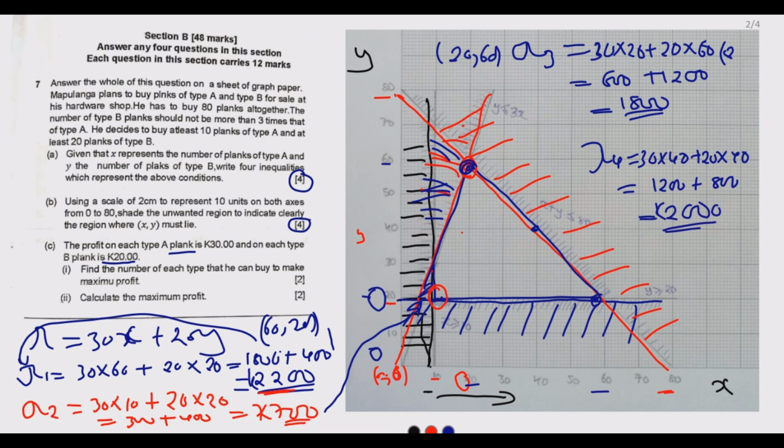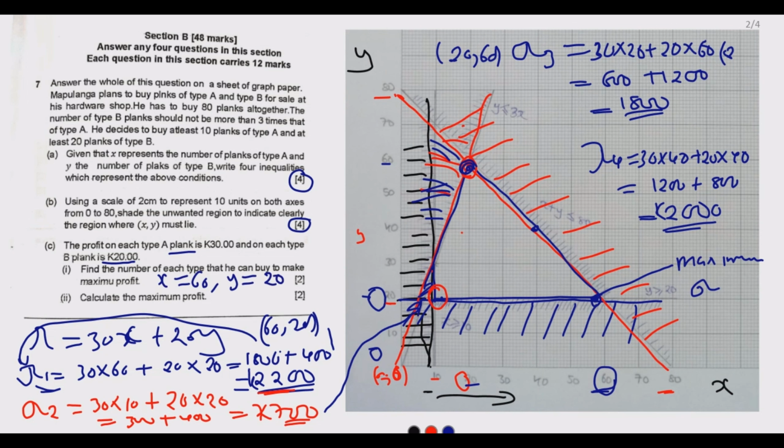So here you can see that the maximum is profit case 1, where we buy 60 of x and 20 of y. So this is the point of maximum profit. At that maximum profit, x is equal to 60 and y is equal to 20.